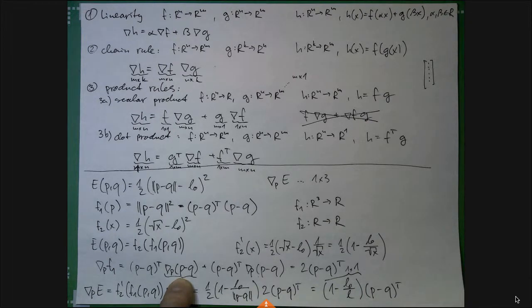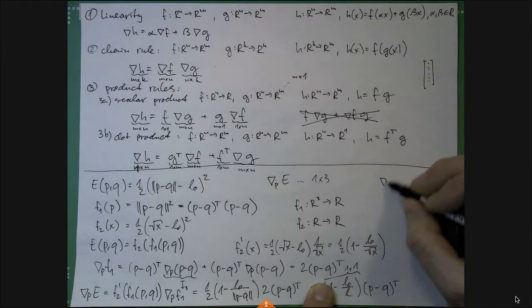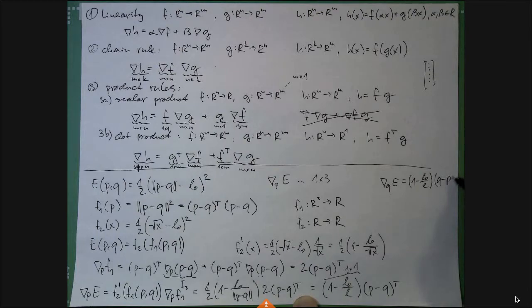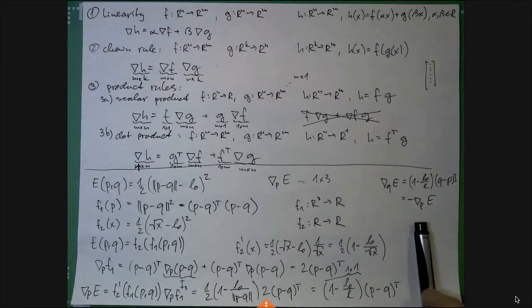So in this case, it will be the minus identity, because I have minus q here. So what I will get at the end of the day, the gradient with respect to q, will be exactly minus this thing. So it will be, if you want me to write it, q minus p transpose, but that's exactly the same as minus the gradient with respect to p.